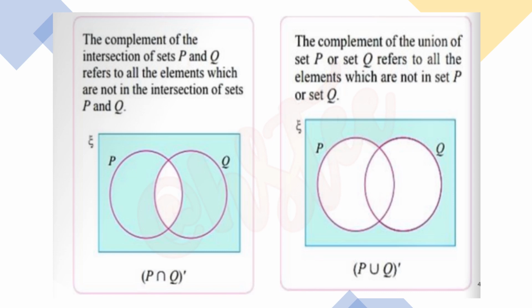And for the union example, you can see here P union Q, and then there's this apostrophe sign, which represents complement. So P union Q complement is everything except for P union Q. It refers to all the elements which are not in set P and Q.